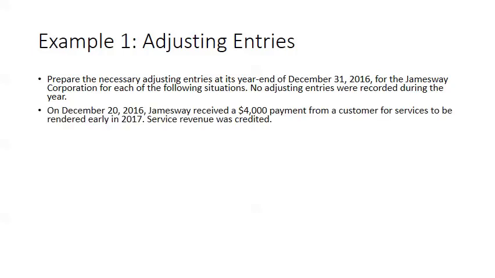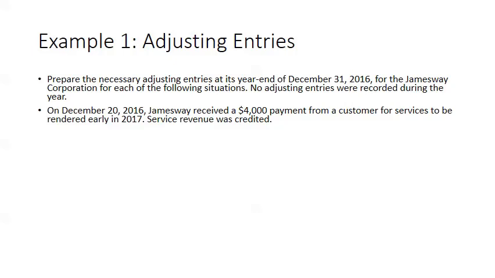Number one, on December 20th, 2016, they received a $4,000 payment from a customer for services to be rendered early in the next year. Service revenue is credited. Well, what's the problem with crediting service revenue? You haven't actually earned the revenue yet.